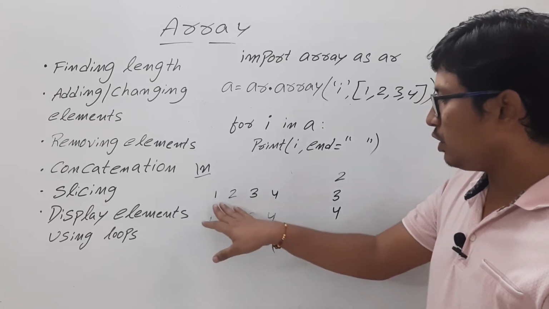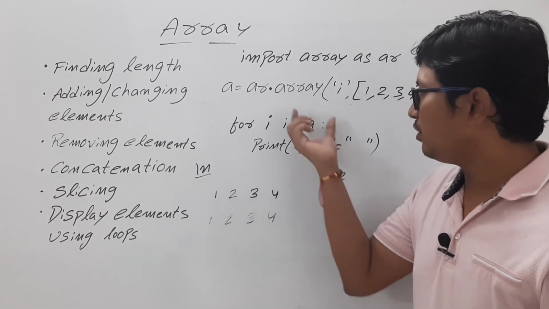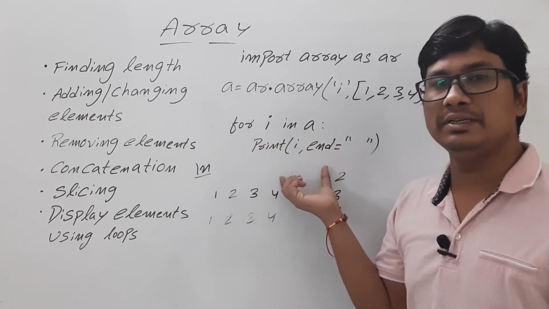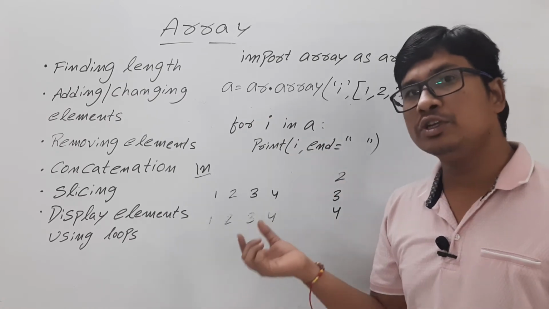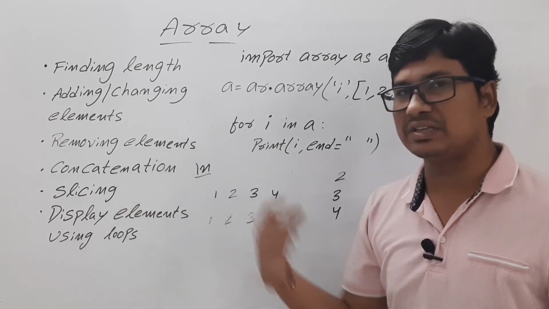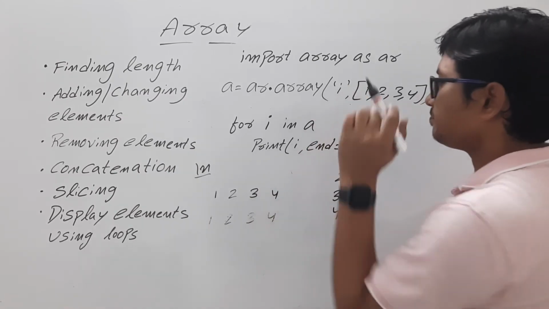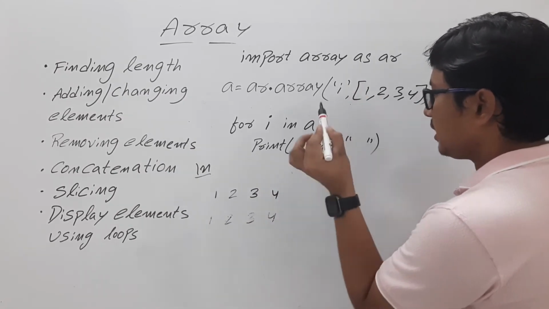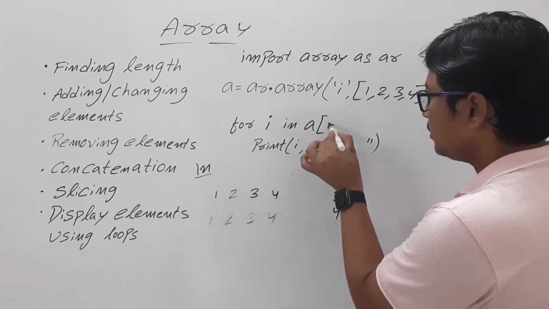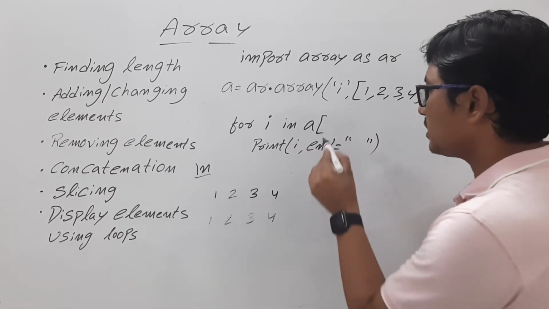Now if you do it like this, it will display all the elements in the array. But if you want to display only a few elements with the help of slicing, you can do it. You write the brackets and then give the starting and the ending.